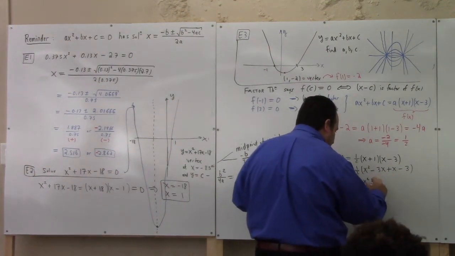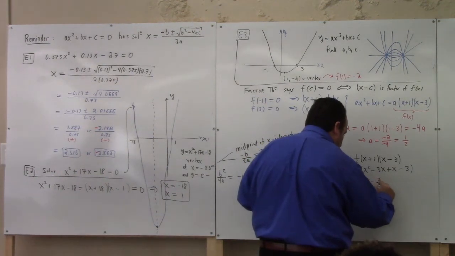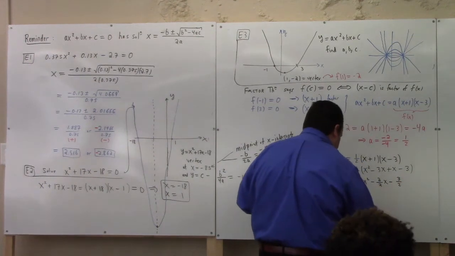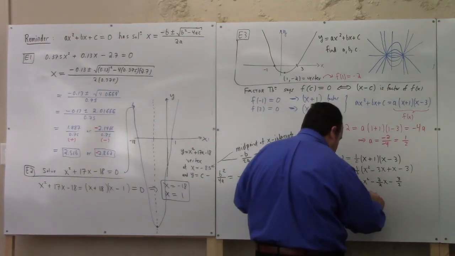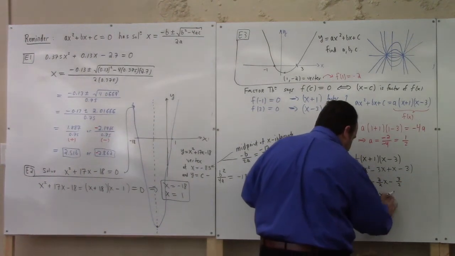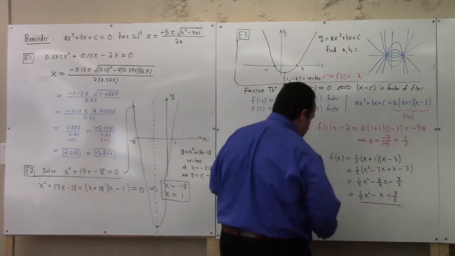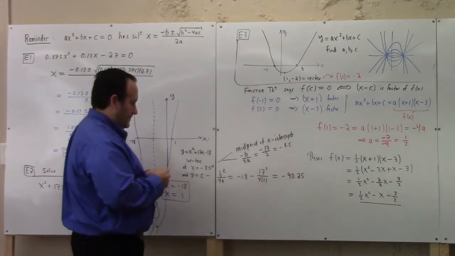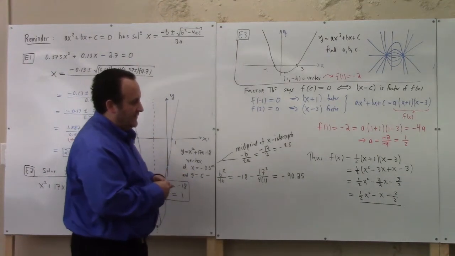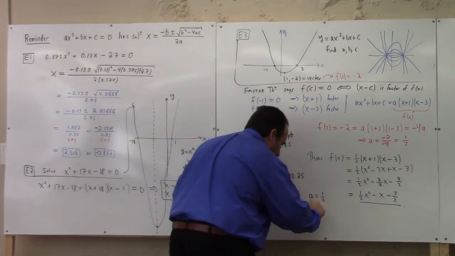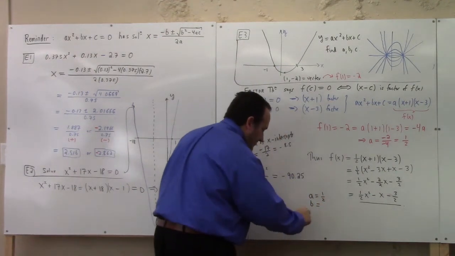Minus 3 plus 1 is minus 2, so minus 2 over 2 x, minus 3/2. In other words, we got 1/2 x squared minus x minus 3/2. So what do we find? We've got a equals 1/2, right? b equals what? c equals what?